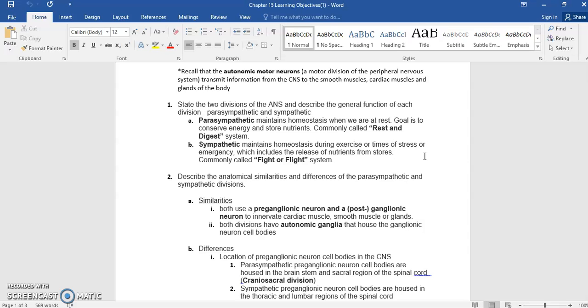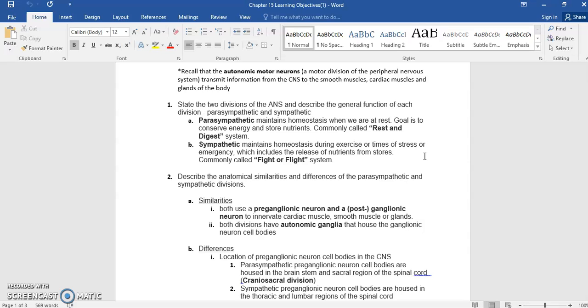These two divisions of the autonomic nervous system, the parasympathetic and sympathetic, you can consider opposite of each other. Depending on what environment we're in, it will determine which of those motor neurons, the sympathetic or the parasympathetic, will be controlling or sending more signals to the smooth muscle, cardiac muscle, and the glands of the body.